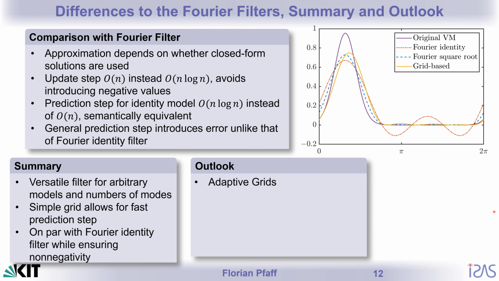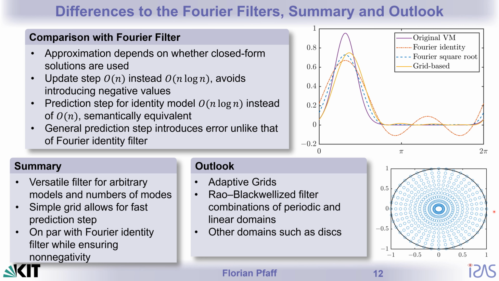As an outlook, we could consider adaptive grids that change, so you can have higher resolution at points that are more interesting to us. Then we can also consider a Rao-Blackwellized filter to have combinations of periodic and linear manifolds. One particularly interesting thing would be to consider ones with spheres like SE(3), and then to consider other domains such as disks.